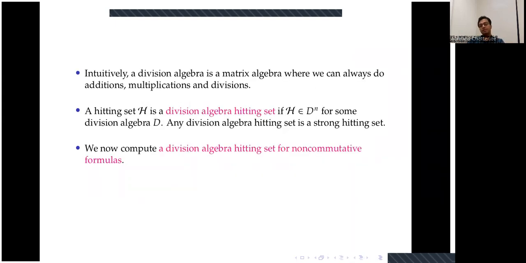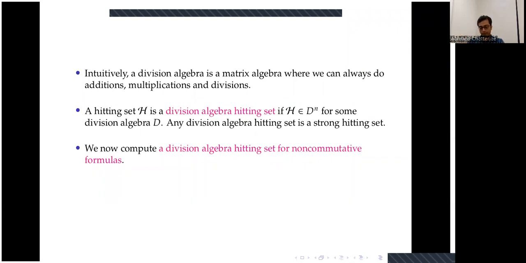Intuitively, you can think of a division algebra as a matrix algebra, but here you can do addition, multiplication, and also division freely. What does it mean? Whenever you have a non-zero matrix, it is invertible, so you can freely take the inverse of that matrix. And we define this notion of division algebra hitting set, where the substitution is from a division algebra.